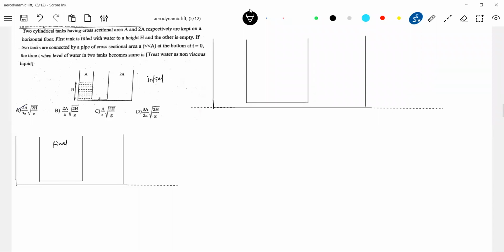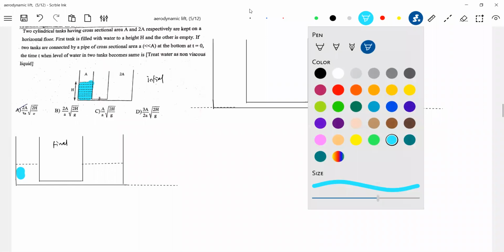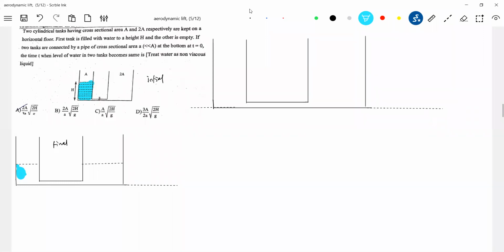Finally the level of liquid in both the containers has to be the same. So can we calculate the final level of liquid? How to get this level? The total volume of liquid will remain the same, no?